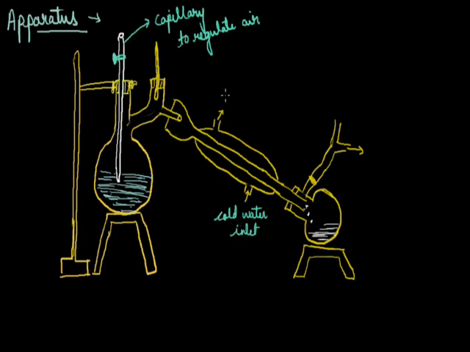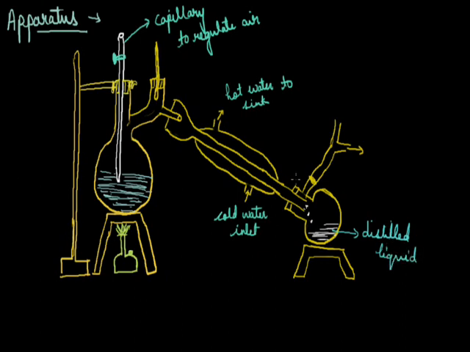This is the hot water outlet, or to the sink. Then this is the distilled liquid, which is collected when the vapors pass to the condenser. This is the vacuum pump. So this is the arrangement of the apparatus.